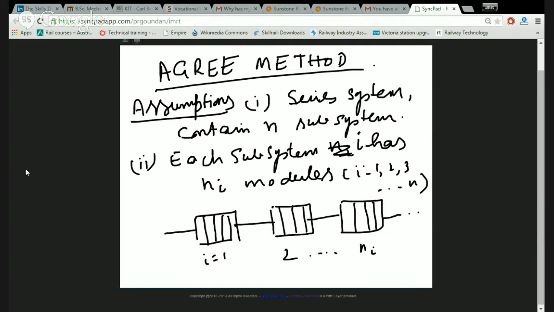So the subsystem i has ni modules, 1, 2, 3, 4, 5. Like this, the number of modules is different in each subsystem. This subsystem has ni modules, i equal to 1 to n.